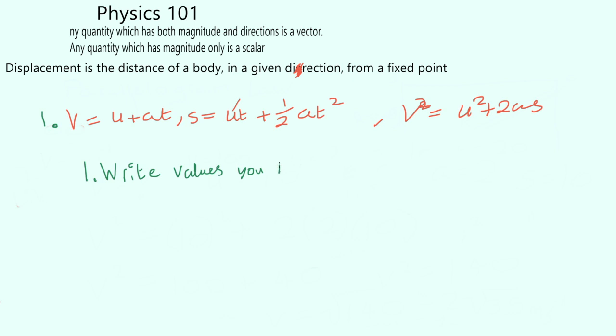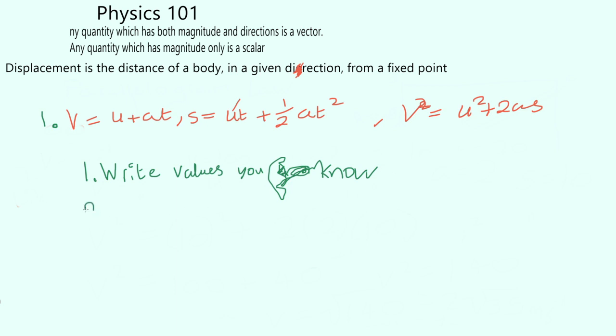Oh, my pen seems to be glitching out here. Whoops. What is going on? Right, values you know. Apologies for that.